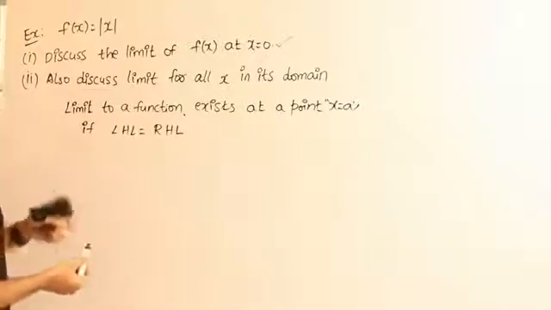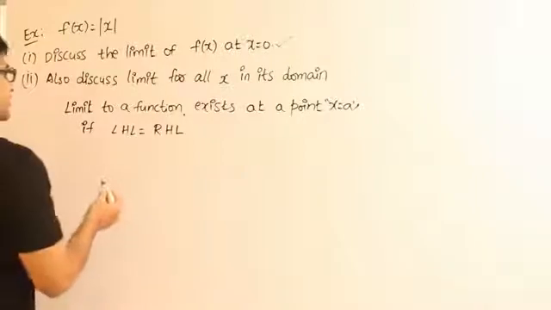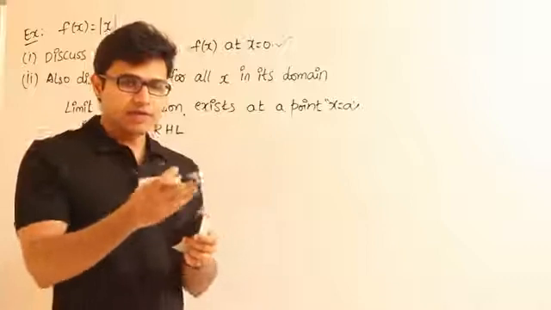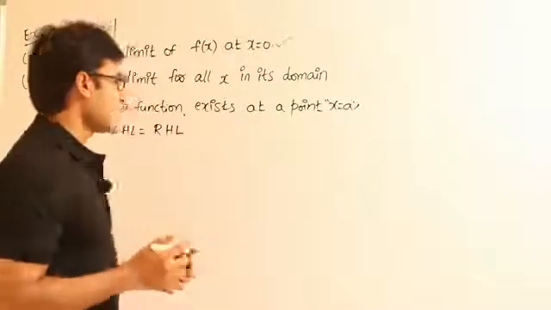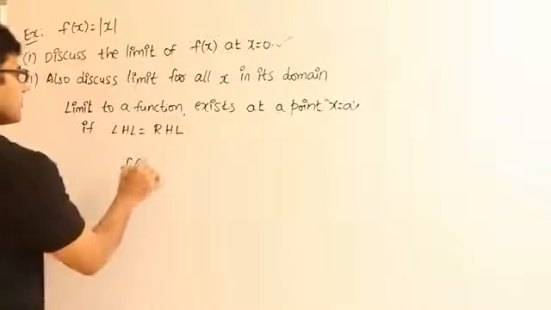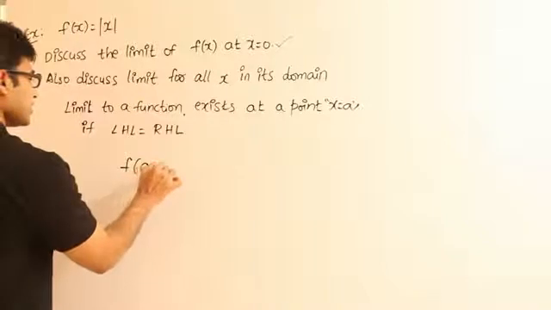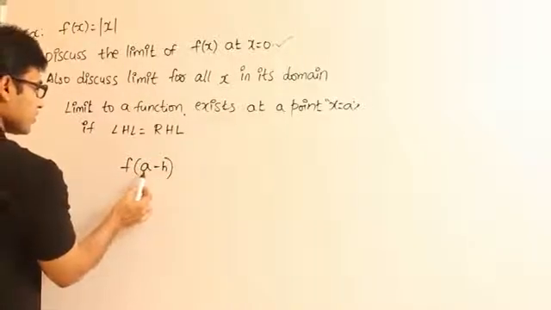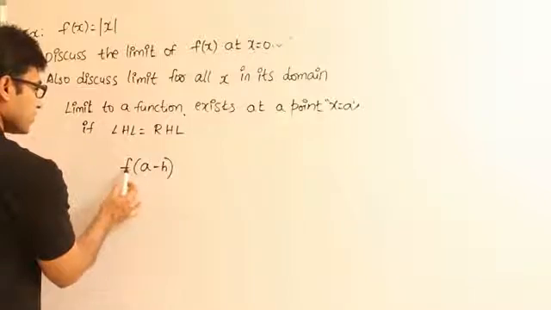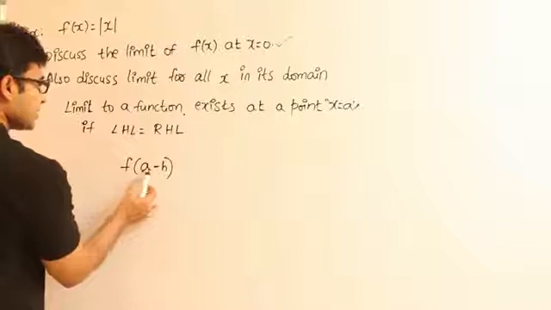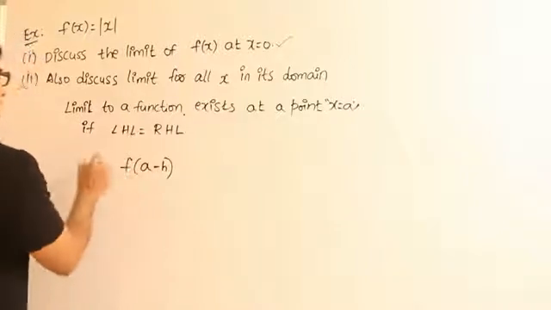Now what is the left hand limit? Left hand limit is nothing but we have to talk about the value of the function at a point left to it, in the neighborhood, which means if f of x is the function, we are supposed to find the value of f of x in the neighborhood of a, which means a minus h. We are talking about the value of the function f at a value which is somewhat less than a in the neighborhood of a, isn't it?